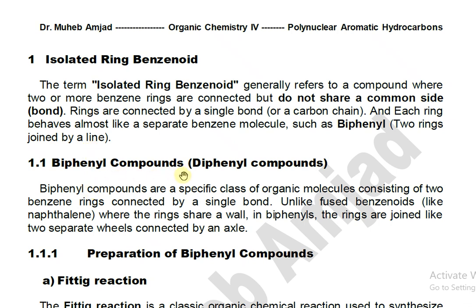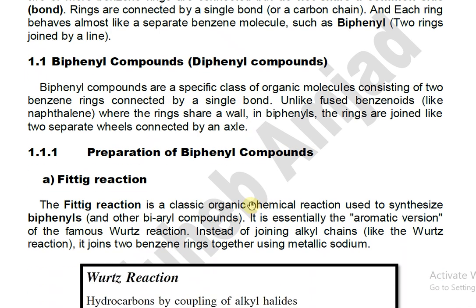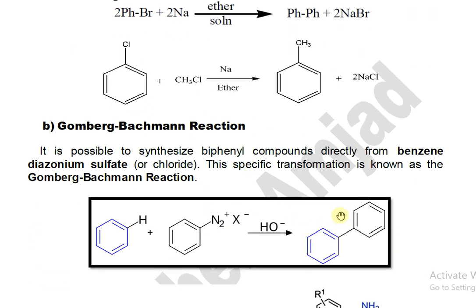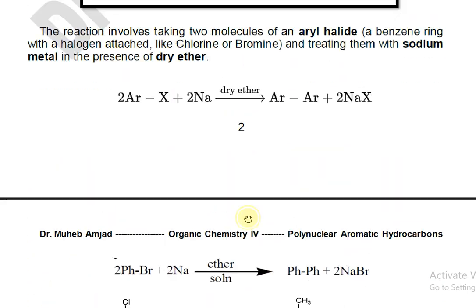So the biphenyl compound, the diphenyl compound, is a specific class of organic molecules consisting of two benzene rings connected by a single bond. Here is the structure.